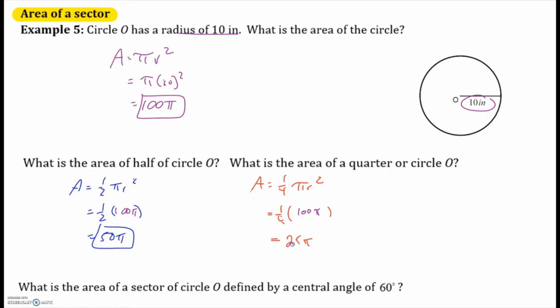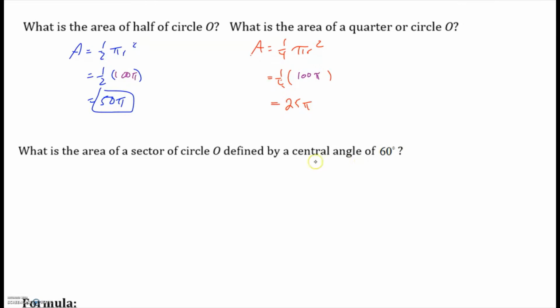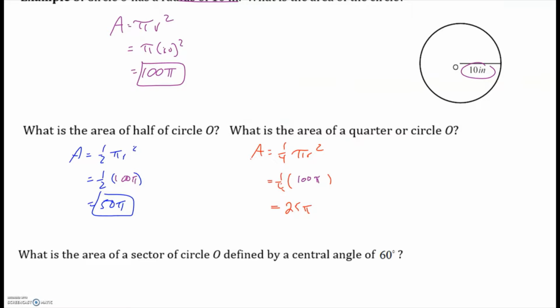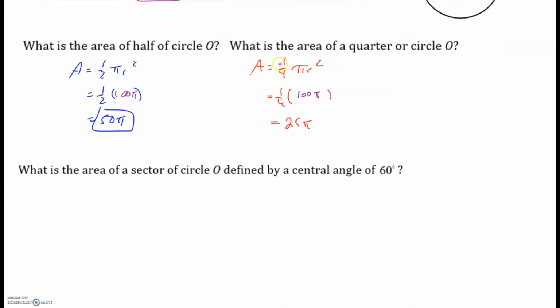So what happens when I have something defined by a central angle of 60 degrees? Now, if I look at the picture, what happens if I don't come out with a half or a quarter? What if I specifically have an amount of 60 degrees? How much is this section here? Again, it's the same as we did here, with the fact that I've got a portion or a fraction of the amount.